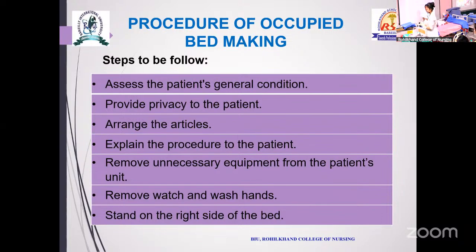The next step is to roll all dirty linen and remove the pillow from the bedside. Always remember, whenever we remove a bed sheet, we fold it in the rolling method and discard it in the laundry bag.